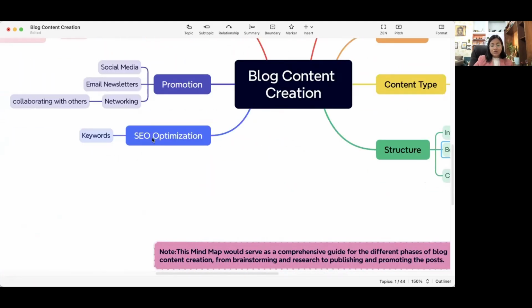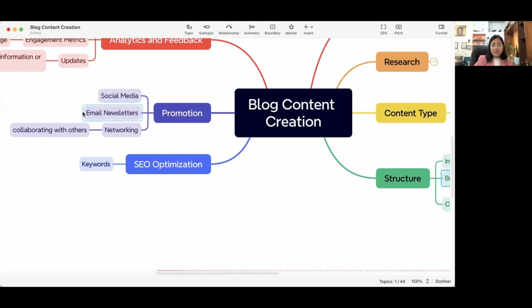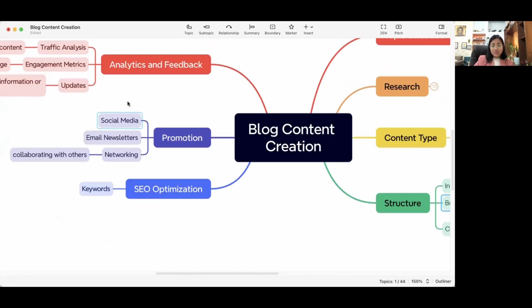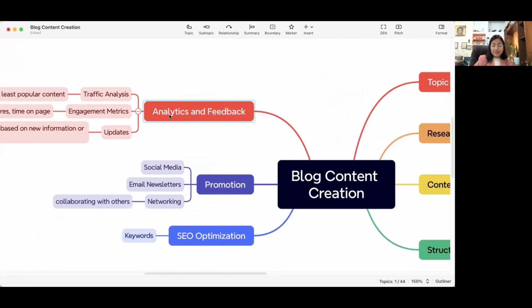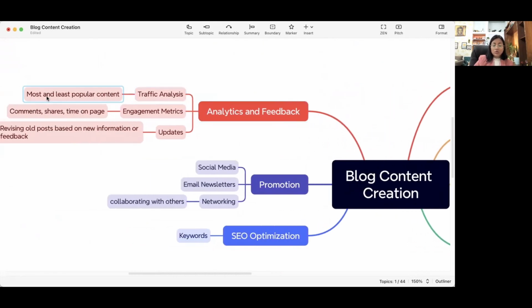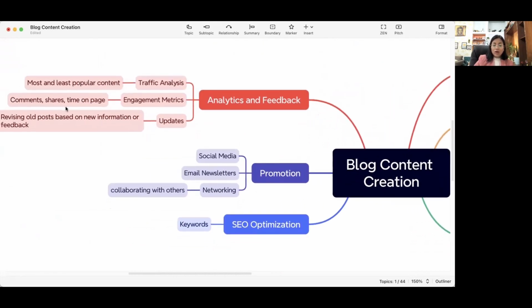So next you see SEO: what kind of keywords are you going to use for your article? Where are you going to promote the article? Maybe in newsletters, in social media, wherever. Then, just like your LinkedIn, for blogs also you can look at your analytics and accordingly adapt your content. For example, which are your most and least popular content?